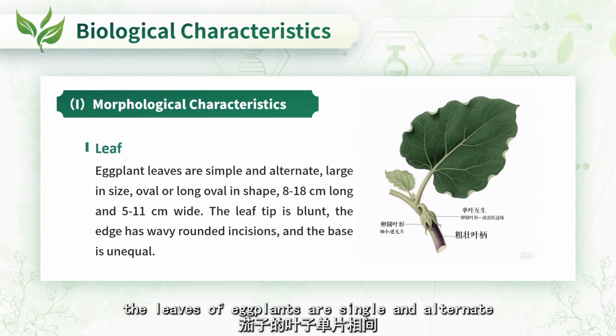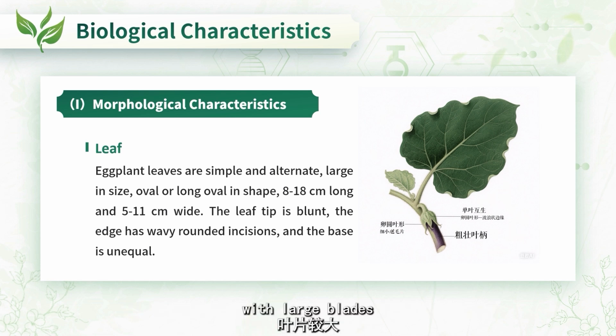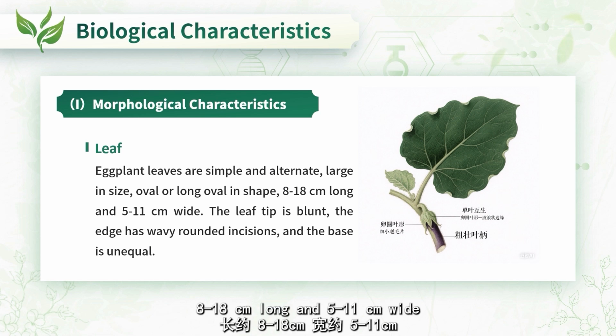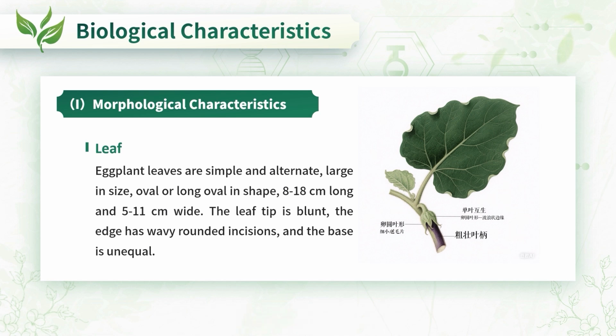Leaf: The leaves of eggplants are single and alternate, with large blades, oval or long oval in shape, 18 cm long and 11 cm wide. The leaf tip is blunt. The edge has wavy round cracks, and the base is unequal.